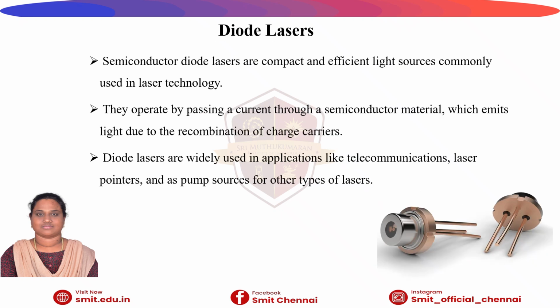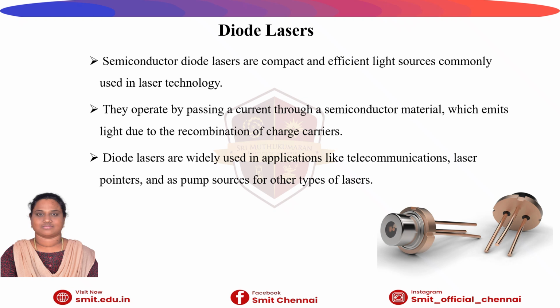The next laser is diode laser. Here the active medium is a semiconductor junction, and it is small in size and consumes low power. These diode lasers are used in laser printers, barcode scanners, optical communication, CD, DVD, and Blu-ray drives.